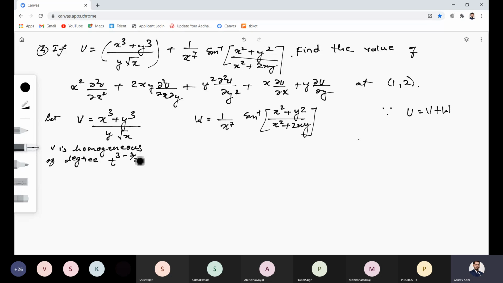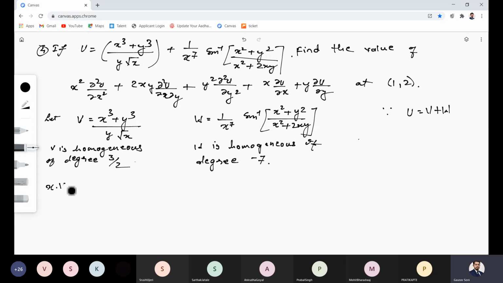So 6 minus 3, which is 3, and so the degree will be 3 by 2. And w is homogeneous of degree -7.